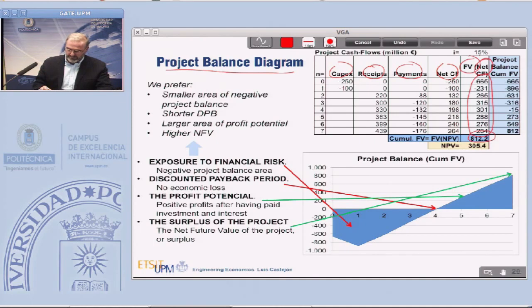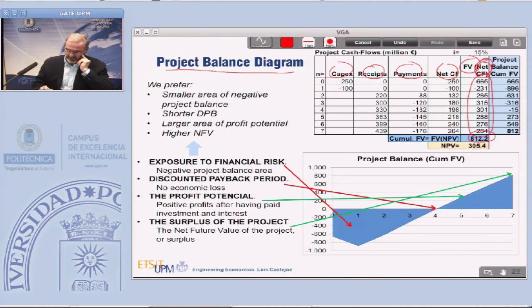If you add up all those amounts, you will get the future value of the project, which is 112. What is the project balance? It is the cumulative summation of the future value net cash flow.